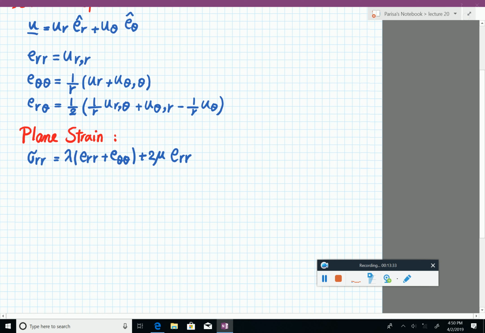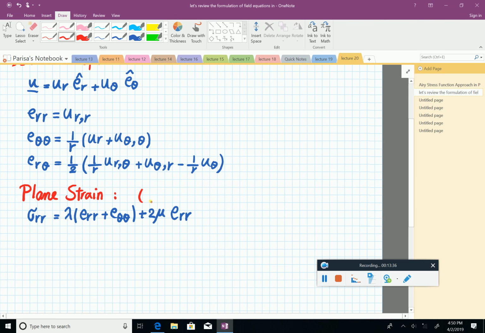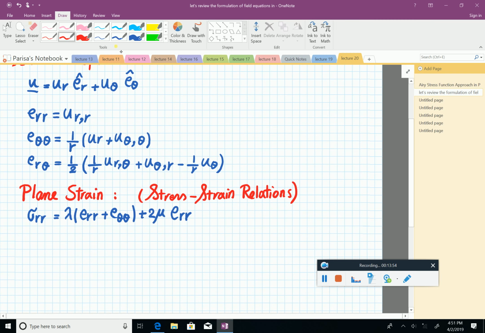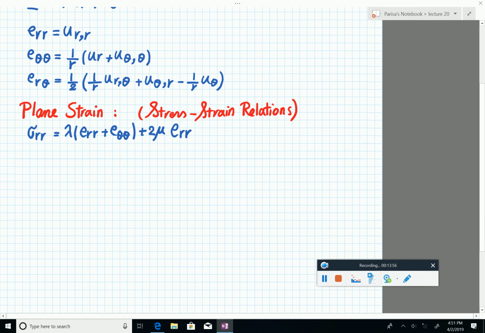And these are, of course, the constitutive relationships. So maybe I should have written here, to be clear, stress-strain relations. And then sigma_theta theta is lambda times epsilon_rr, and so on. These should not look surprising to you, right?